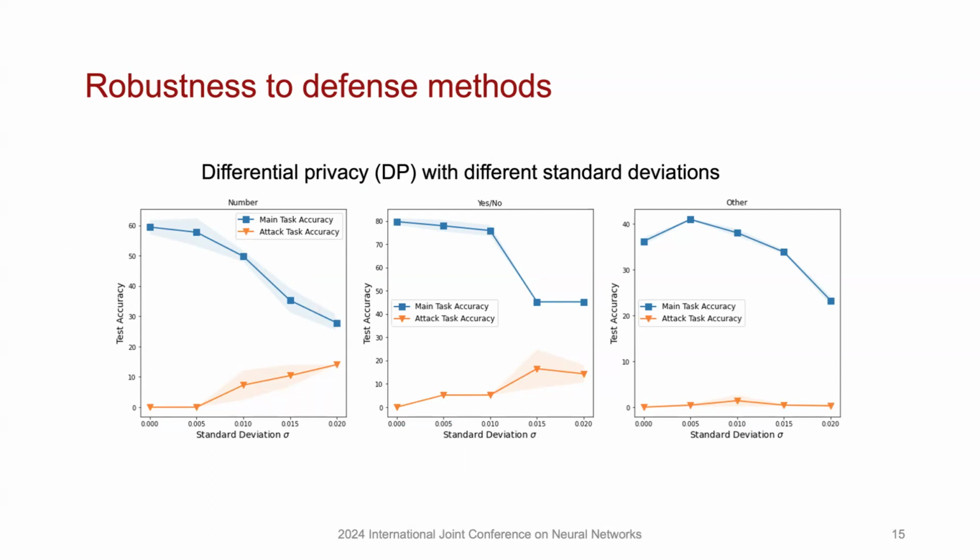For example, in this graph, we can see that with the increase of standard deviation, the attack task accuracy is also increasing, which indicates a weaker influence of the Trojan samples. But on the other hand, the main task accuracy is decreasing. So there is a trade-off between the defense effectiveness and the model's main task accuracy.